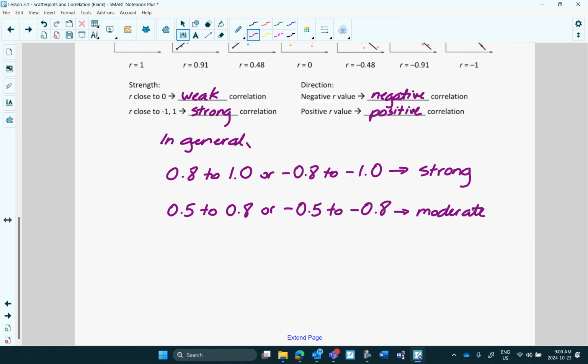So one could argue that the ones here that are 0.48, you could say moderate, but you probably want to put the word weak with that. And if you're from 0 to 0.5 in a positive relationship, or 0 to -0.5, now we're talking weak. Okay.